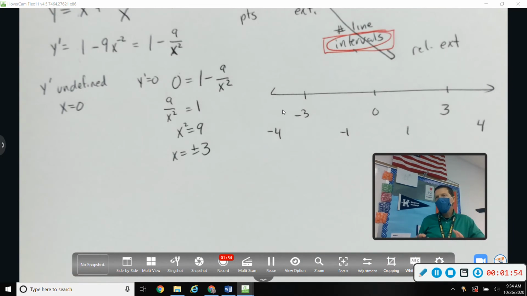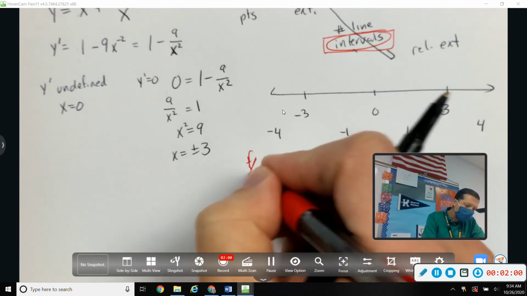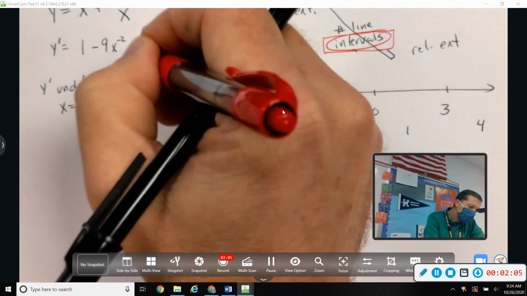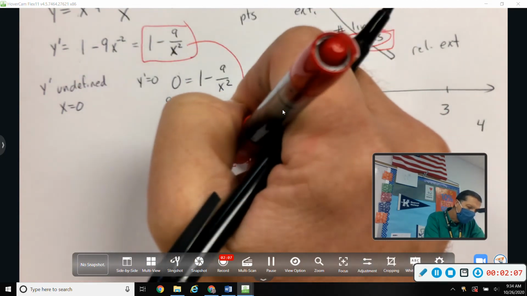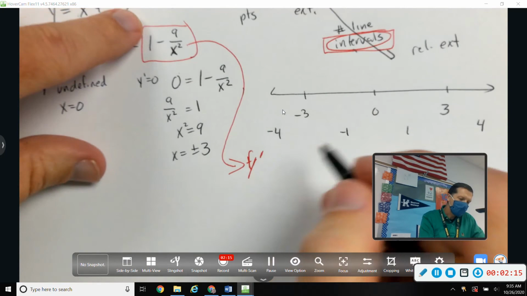And again, you pick any value you want as long as it's on that interval. And we want to test it into y prime, because the derivative will tell me if the original function is increasing or decreasing.